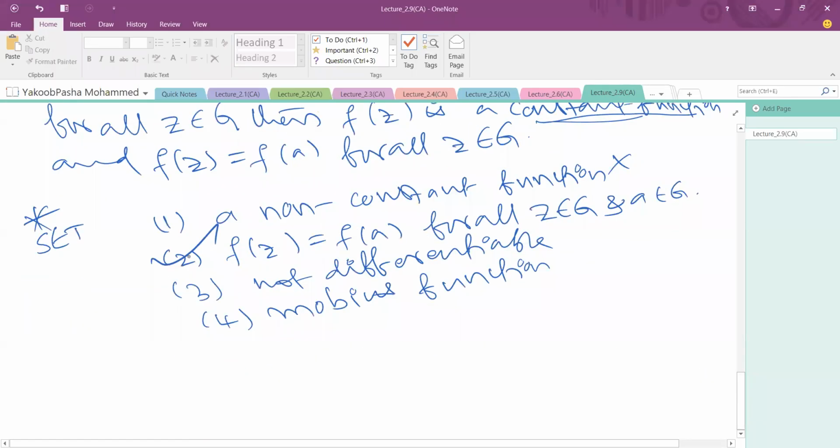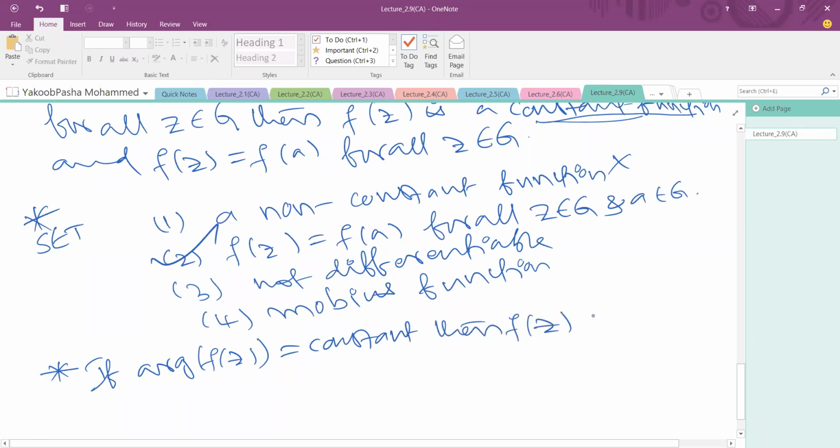If the argument of f of z is equal to constant, whenever argument of f of z is constant, then f of z is also a constant function.